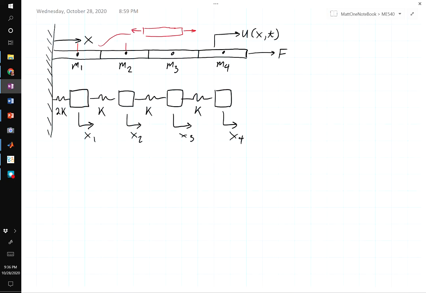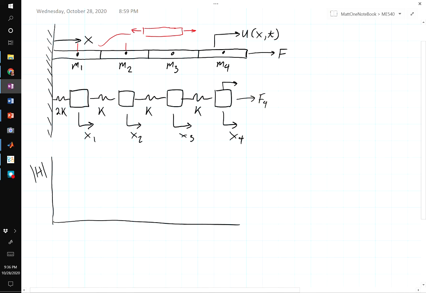We could assign a degree of freedom to each mass. And if we were then to consider the frequency response of the system, let's just talk about a transfer function. Say we apply a force at the end, and we're interested in the response at the end, x4. So this could be h41.